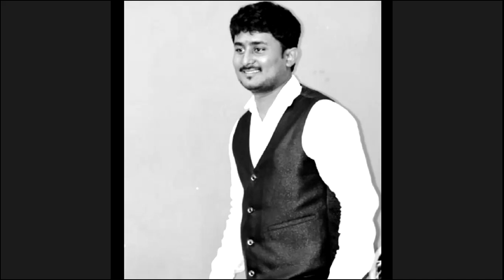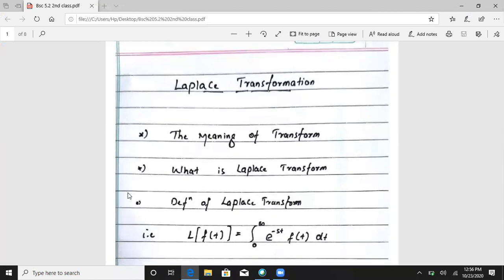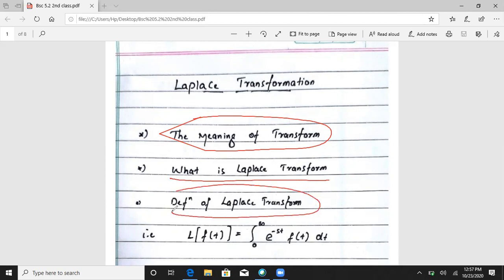In last class, we discussed the meaning of transformation, what is Laplace transformation, and the definition of Laplace transformation.